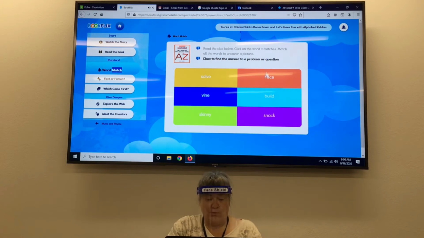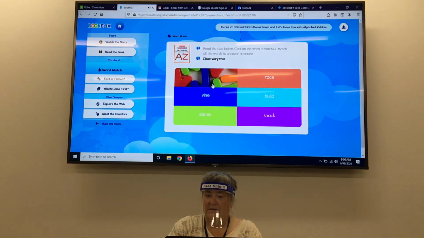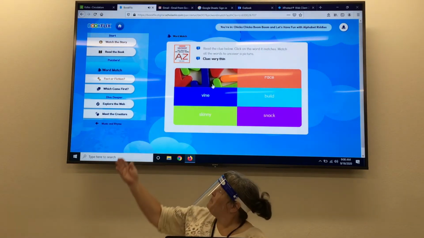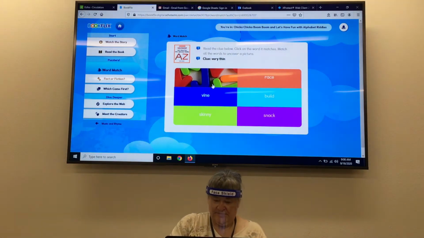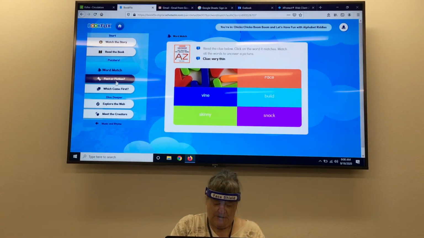Is that race, build, snack, skinny, vine, solve. To find the answer to a problem or a question. I think it would be solve. Nice work. And it's going to uncover a picture. So you could do the word match.